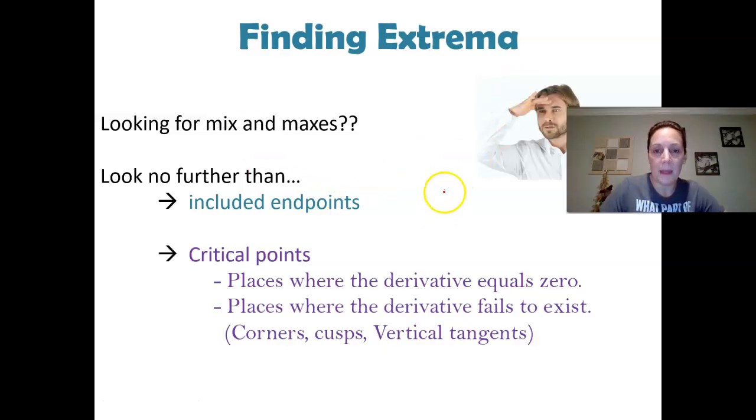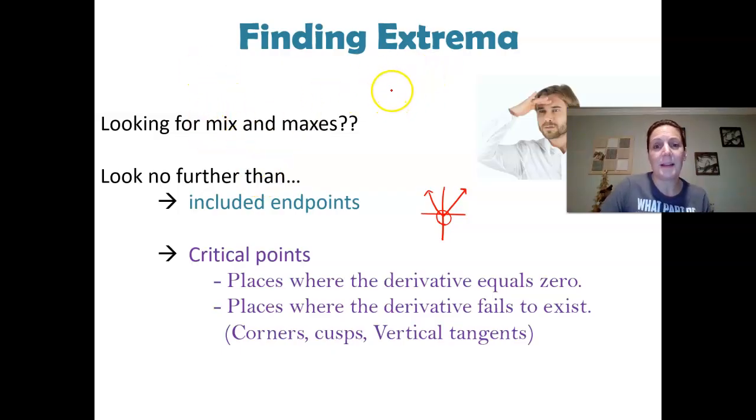Think about everybody's best friend, the absolute value graph. Obviously, this graph has a minimum right here at 0, 0. But that's not a 0 derivative. That is a place where the derivative fails to exist. That's a corner. So what we would see if we were looking at just the derivative of that function, remember, is a piecewise function.